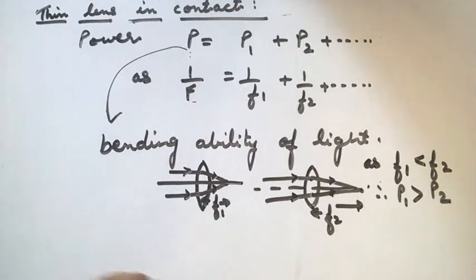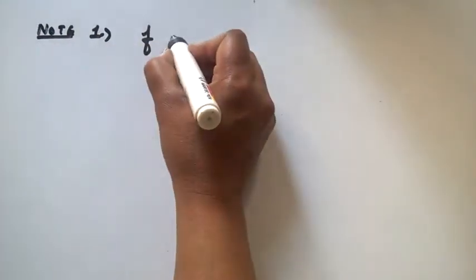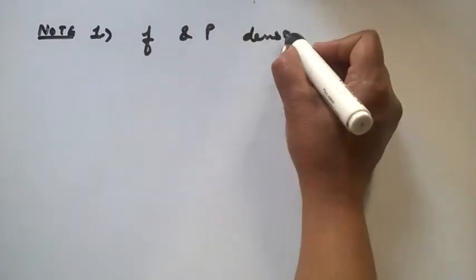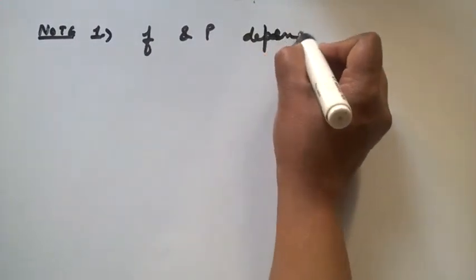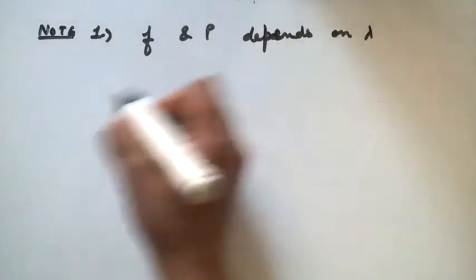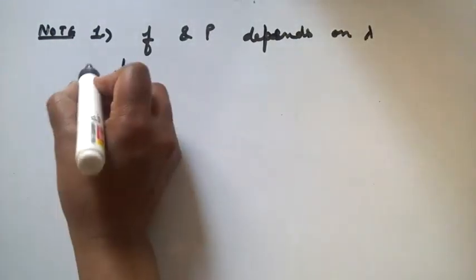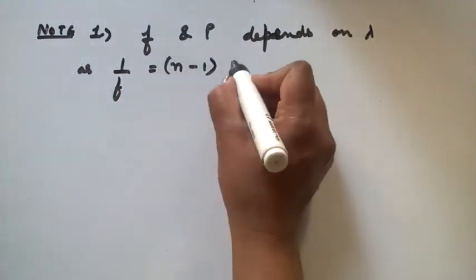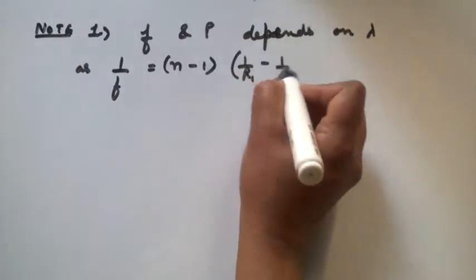Now note some important points related to lenses. First, the power or the focal length of a lens depends on wavelength. Point number 1 is focal length and power: the focal length of a lens and the power of a lens depend on wavelength. As we know by the lens maker's formula, 1 by f is equal to the refractive index of the lens minus 1, into 1 upon r1 minus 1 upon r2.